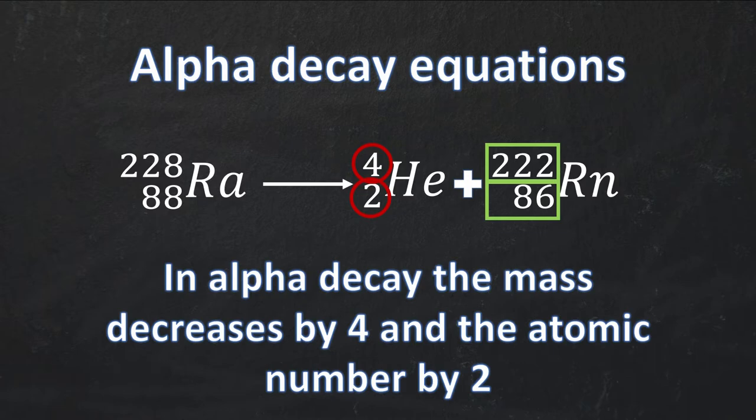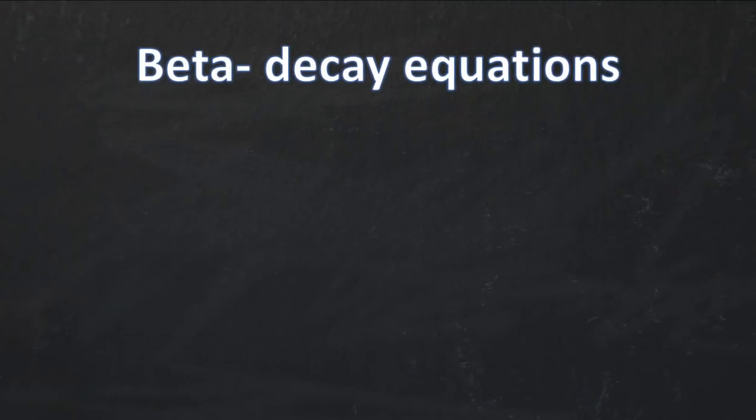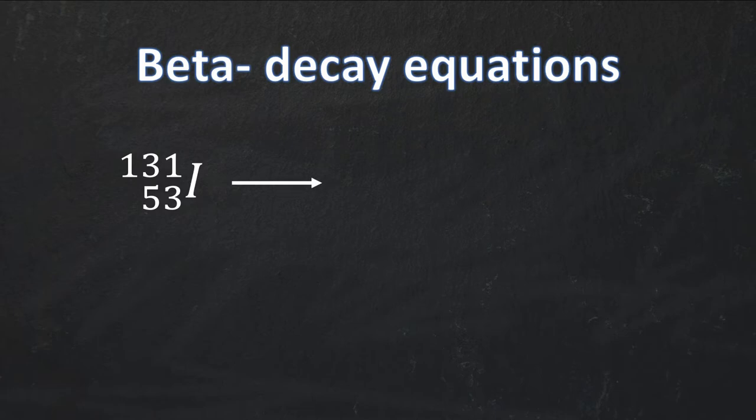Let's take a look at beta decay. This iodine isotope is going to give off beta minus radiation. As it does that, we'll take a look at the products. An electron is released because remember, a neutron has changed into a proton and an electron, and the electron is released.